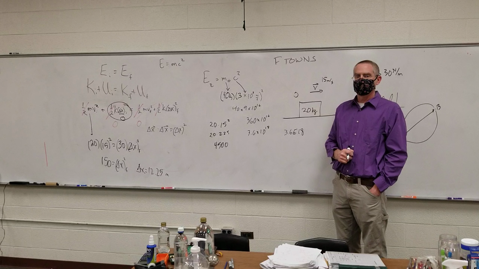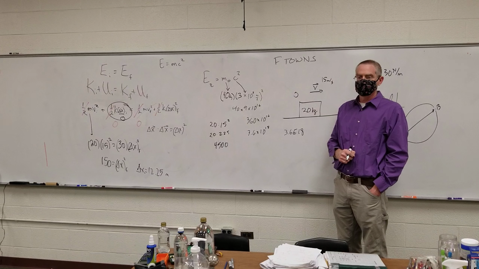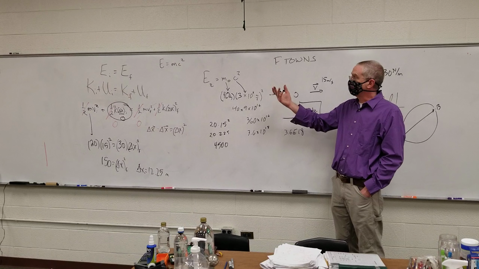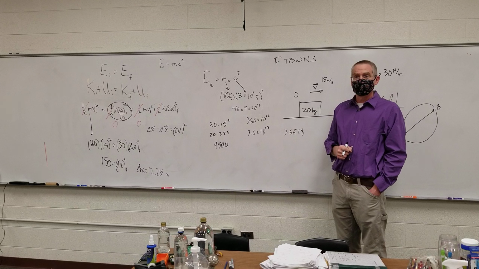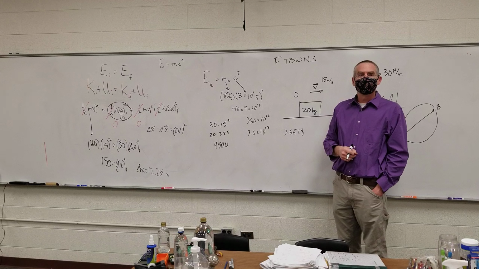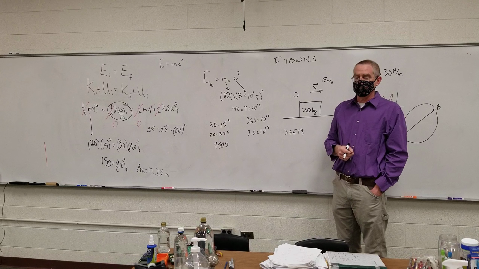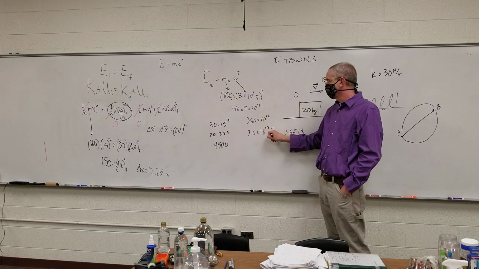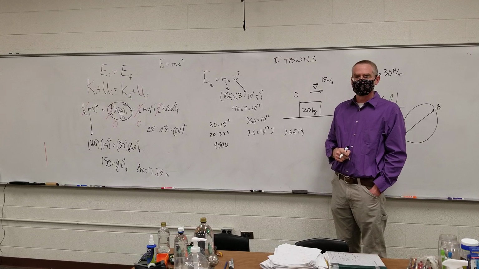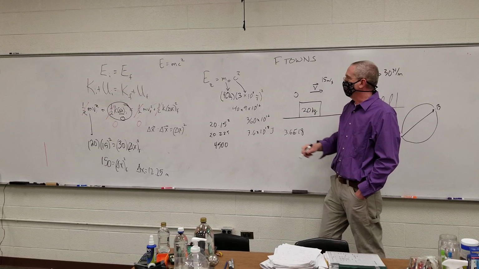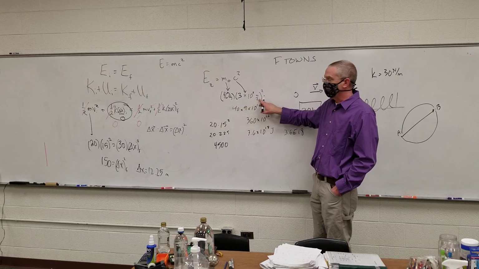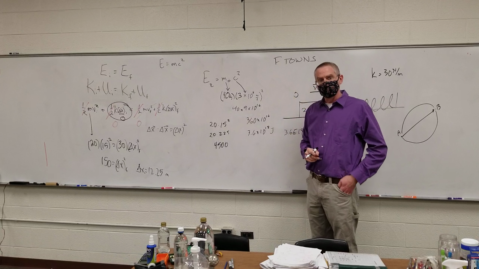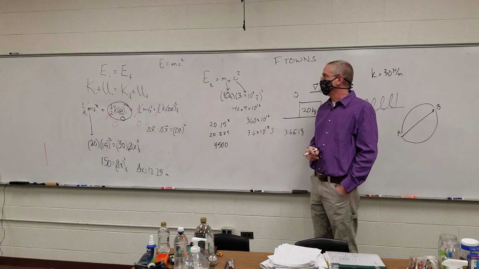So what were the units? What did you find? You found rest energy, right? So what are the units of energy? They're joules. Ultimately, it's a kilogram times meter per second squared, or meter squared over second squared.